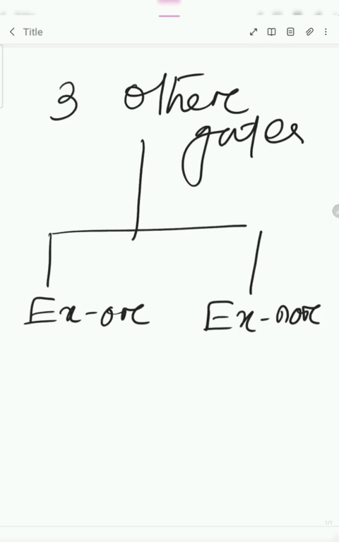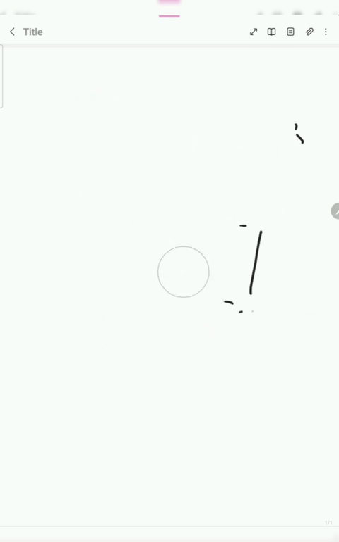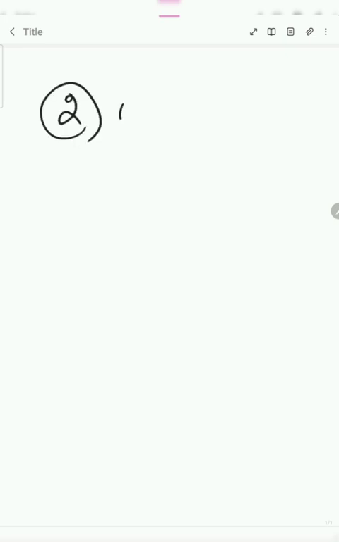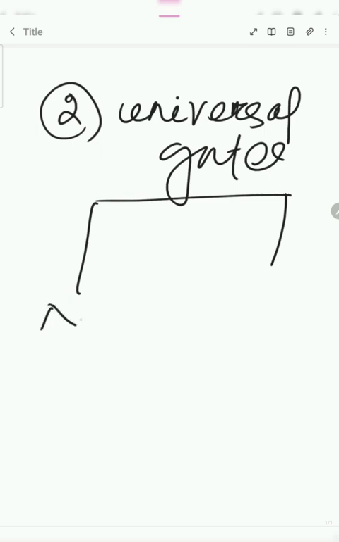So why are we calling these universal gates? The second one is the universal gate, NAND or NOR. Universal gates are NAND and NOR.